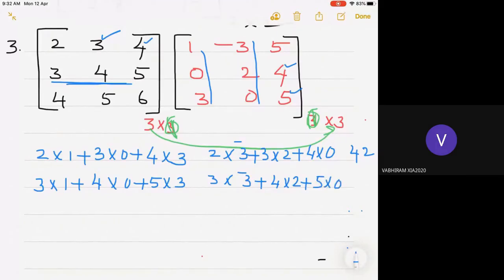And the last one, I don't have the space to write. So directly I'm multiplying and writing 3 into 5, that is 15 plus 4 into 4, 16 plus 5 into 5, 25. How much it is coming? 56.